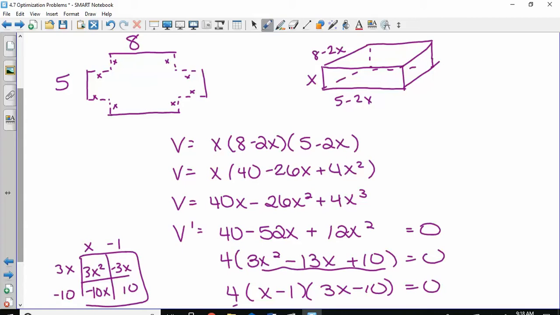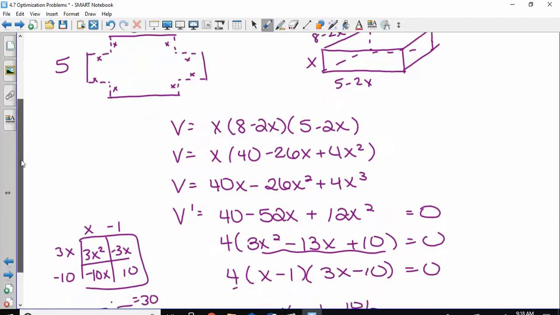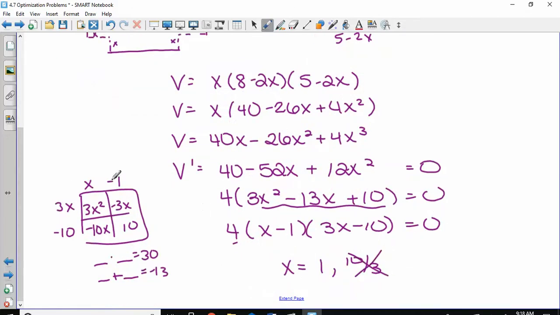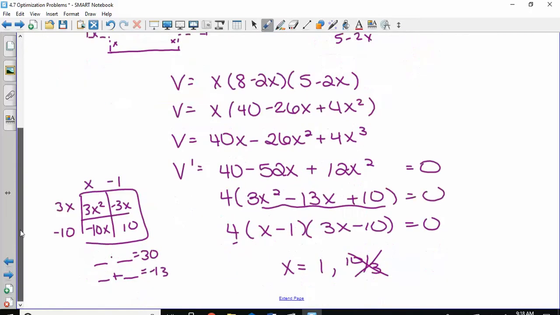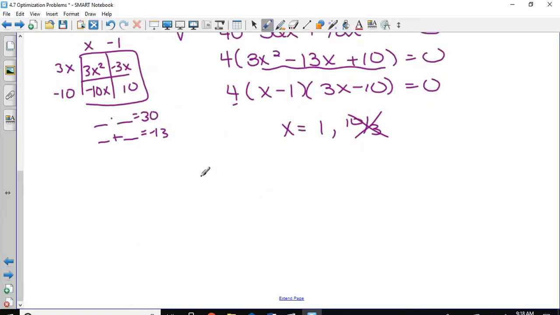If I cut it off one end, yeah, that would be altogether cutting off 6 2/3. I'd be cutting off something more than I have. So the 10 thirds will not work here. The question was, how should this be done to maximize volume?